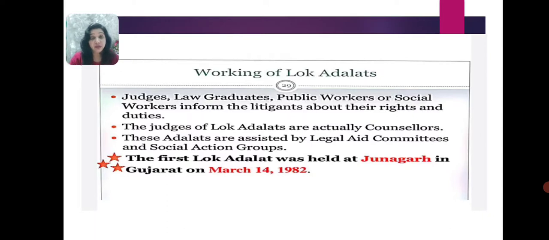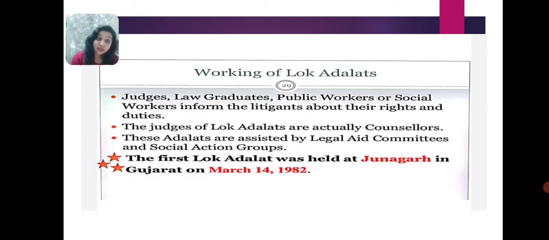So these retired judges of the High Courts, or law graduates, or even public workers. Public workers here means those people who are in the field of social work and NGOs, non-government organizations, who are also familiar with certain laws of the society in which they are dealing. For example, an NGO running orphanages has the knowledge about the laws and rules for adoption or such type of issues.